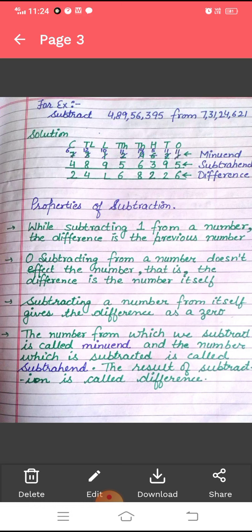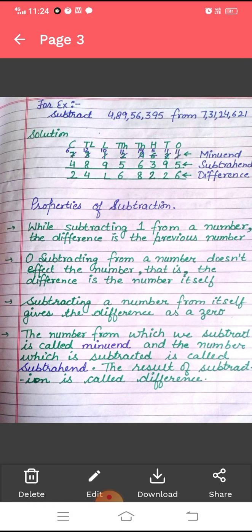Then we will cut this 1 and make it 10. 10 minus 9 is 1. Then we will cut 3 and make it 12. 12 minus 8 is 4. Then we will cut it and make it 6. 6 minus 4 is 2. So the number is 2,41,68,226, that is known as the difference.